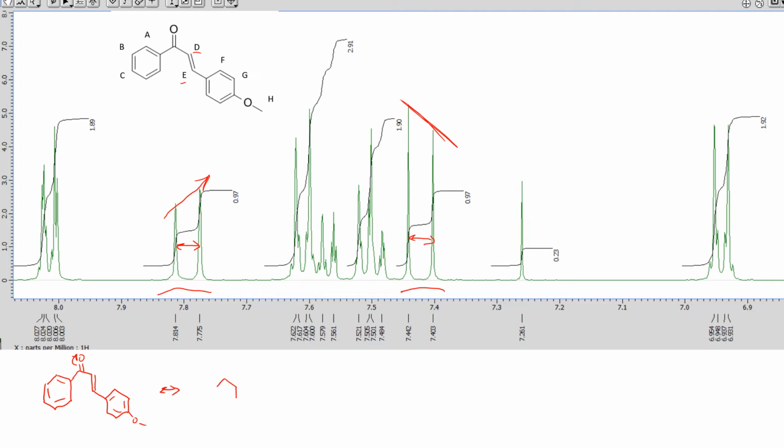So let's draw that resonance structure. Okay, so what we've got is a positively charged carbon and a negatively charged oxygen. What's the next thing that could happen? These electrons can go here.